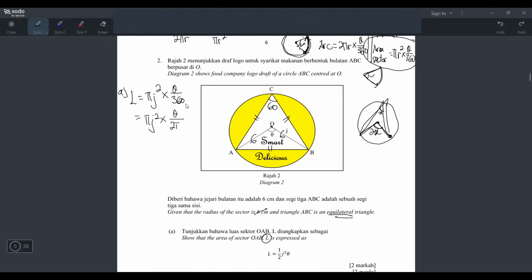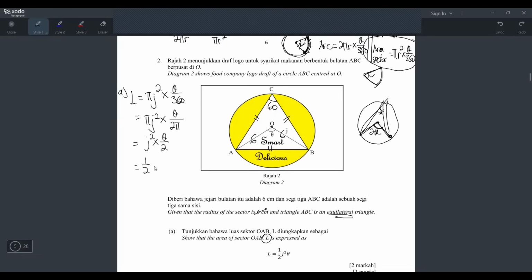Right? Because if I want to prove this formula, we can only use the angle in radian. So what I will do is change the 360 to radian. And then afterwards I can cancel the 2 pi here, right? So when I cancel the pi, it will be left with j squared multiplied by theta over 2. We can rewrite this a little differently.